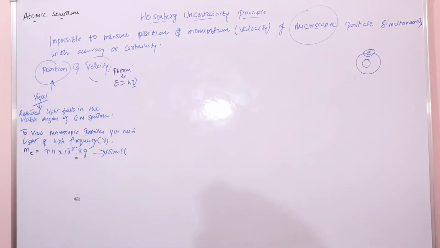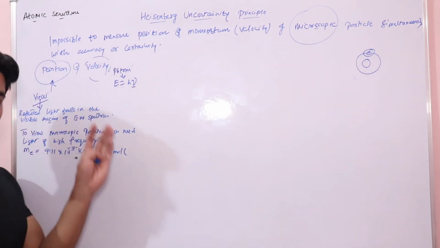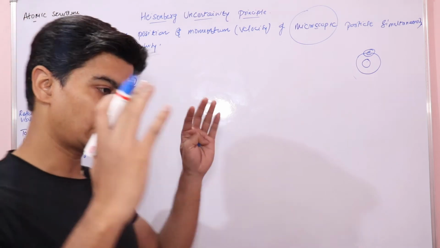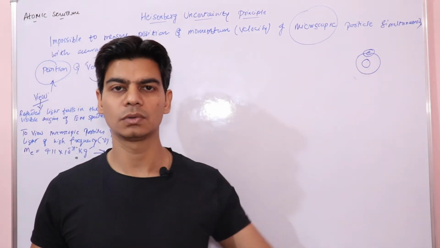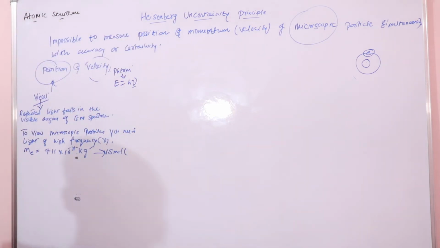And the mass of bigger particles is high. That is why the light that falls on them is not able to change the position or velocity of those objects, because of their high mass.